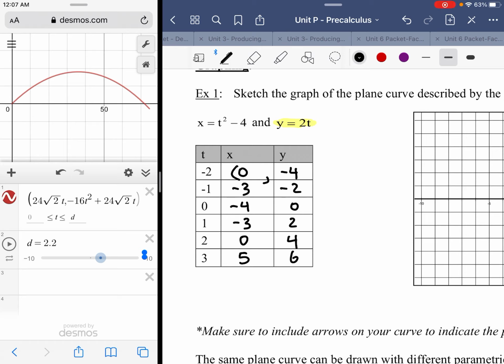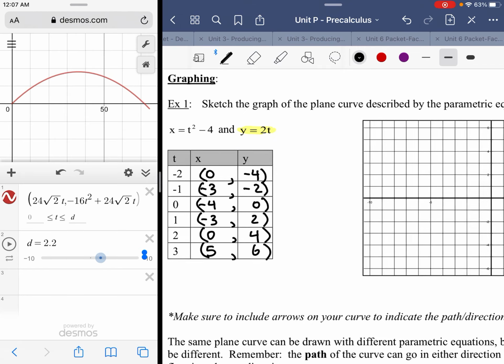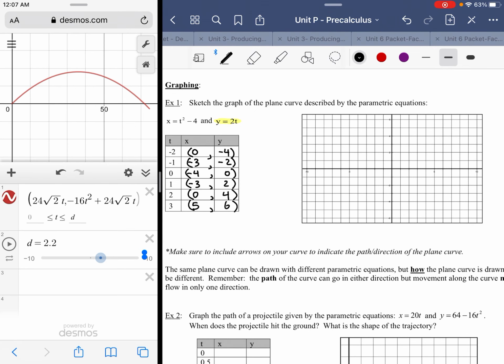So what we have here is a set of ordered pairs: 0, negative 4; negative 3, negative 2; negative 4, 0; negative 3, 2; 0, 4; and 5, 6.